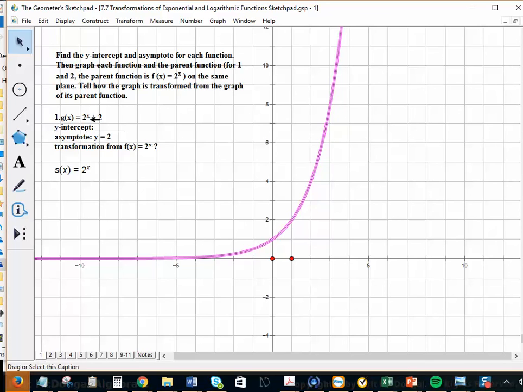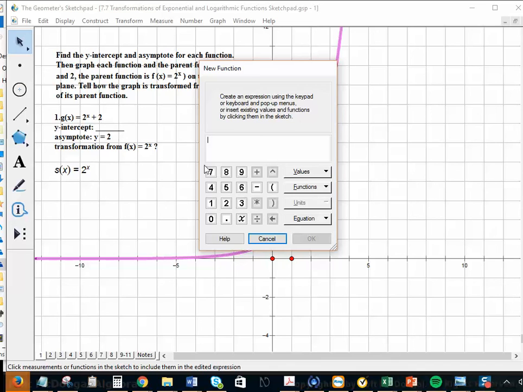Then we are going to graph our new function, which is 2 to the x plus 2. I don't want the plus 2 to go on the exponent, so I'm just going to add 2 and see. And then I check up here and see if it matches, and it does.